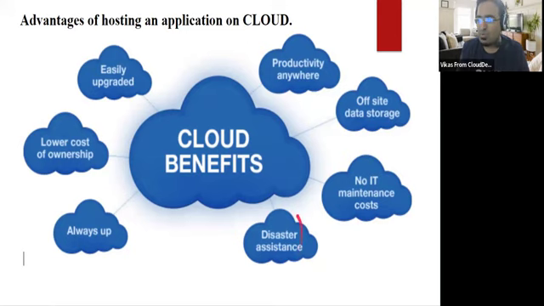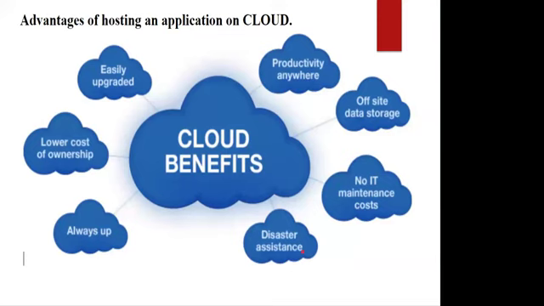Let's assume you created a data center in Singapore, and for some reason a disaster happened and the data center is completely out, inaccessible. Then the AWS people or the cloud people will help you restore your data, your applications, or your servers. That is called disaster assistance. They will provide it to you. Correct? Cool. Good.